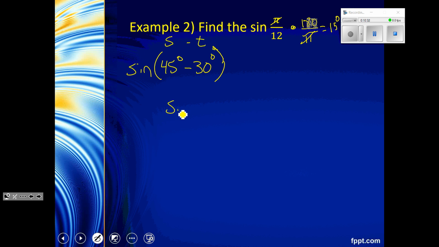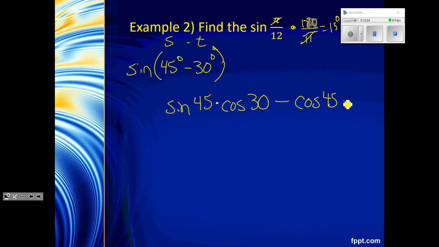So I'm going to take the sine of 45 times the cosine of 30 minus the cosine of 45 times the sine of 30. Any questions on that? Everybody agree? Double check the formulas because I don't have it in front of me, so I'm trusting you to understand the formulas.